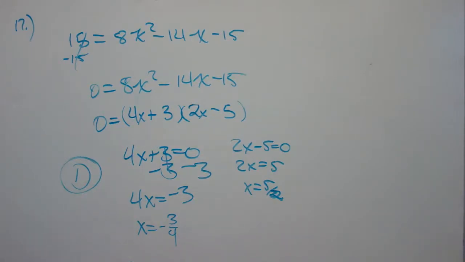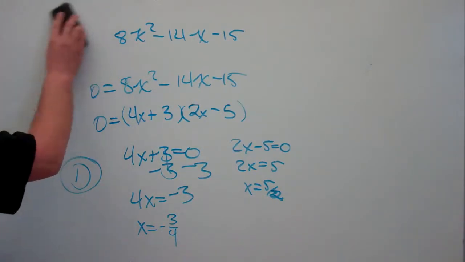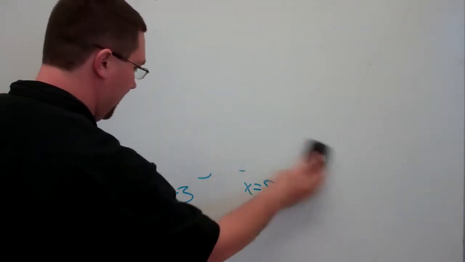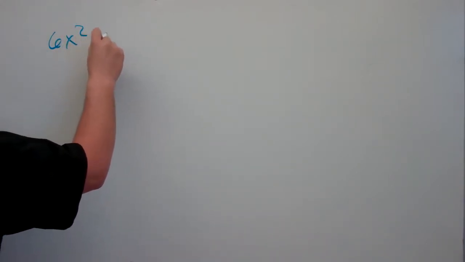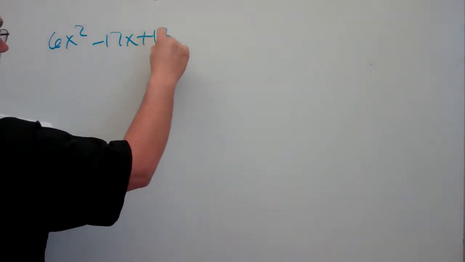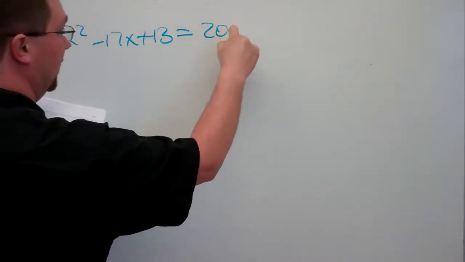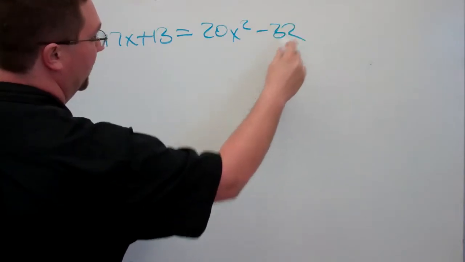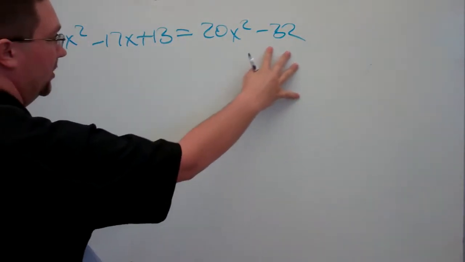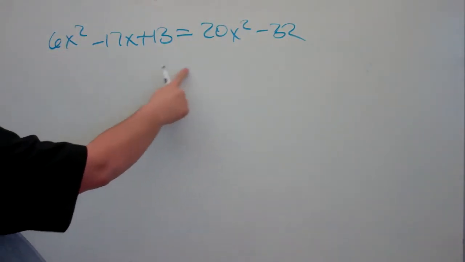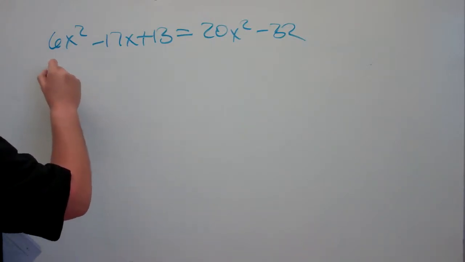Alright? Let's go to 18. 18, the first thing we got to do is move everything over to one side. Alright, move everything over to one side. So we have 6x squared minus 17x plus 13 equals 20x squared minus 32. I'm going to move everything over to the right because I'm going to subtract this so I'll keep my x's positive.